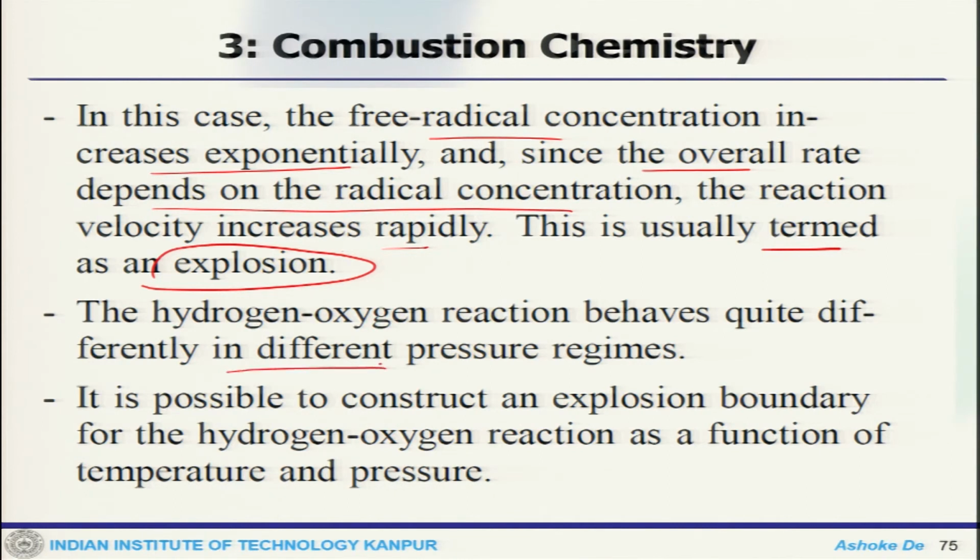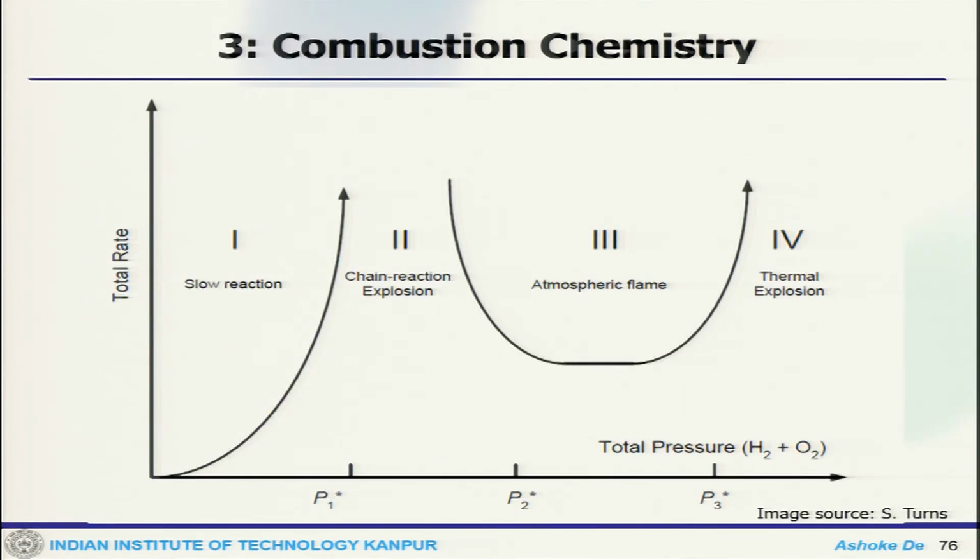So, you can possibly construct an explosion boundary for the hydrogen oxygen reaction, and if you look at it, there is the total rate against total pressure of hydrogen and oxygen. The first regime is slow reaction, the second regime is chain reaction explosion, the third is atmospheric flame, thermal explosion.